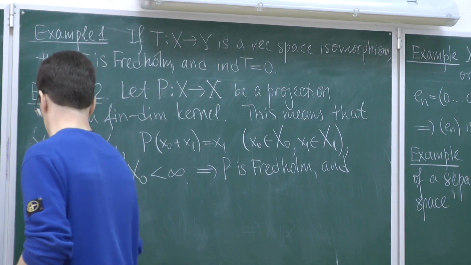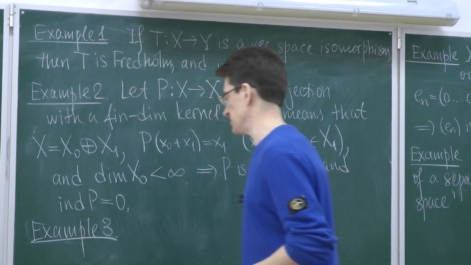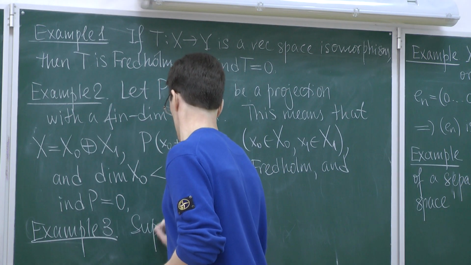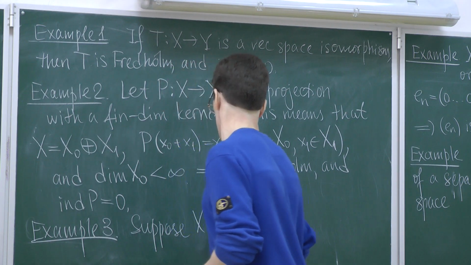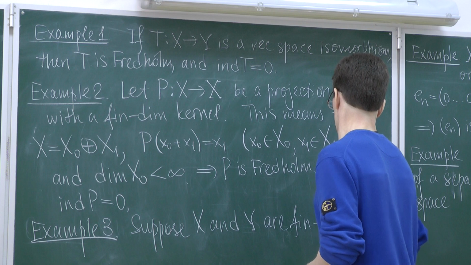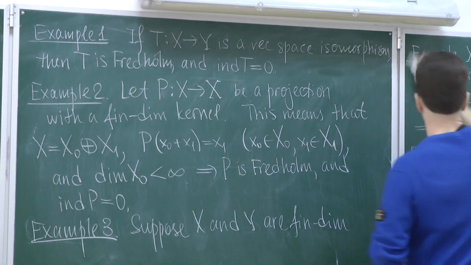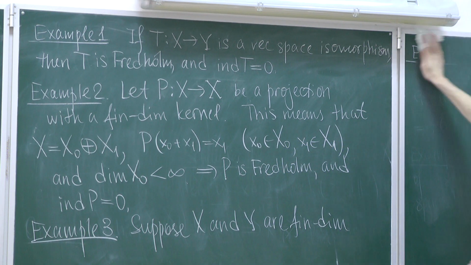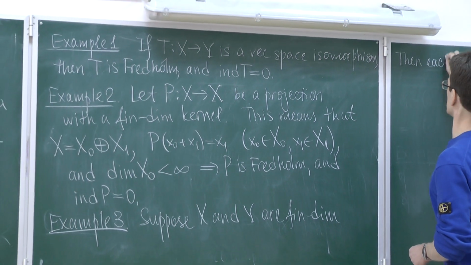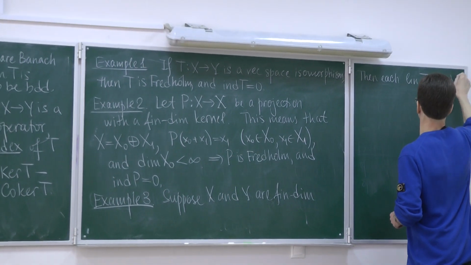Example 3. Suppose now that both X and Y are finite dimensional spaces. In this case, I claim that each linear operator T from X to Y is Fredholm.